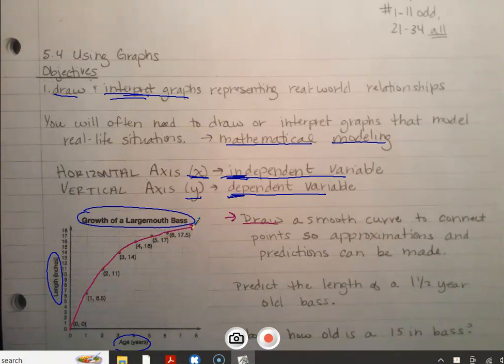We're going to use that to predict the length of a 1.5-year-old bass. So we have a bass, and it's 1.5, so in between 1 and 2. We want to come up in between 1 and 2 here, and then follow that over and see what that measurement is.